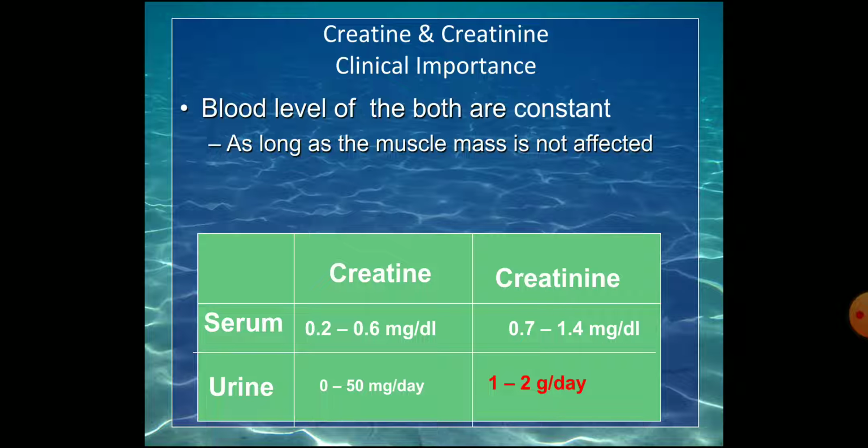So we usually estimate the creatinine level in the blood as a routine renal function test. Urine creatine is 50 milligram per day, and creatinine in the urine is a total of 1 to 2 grams per day. This is a 24-hour value.